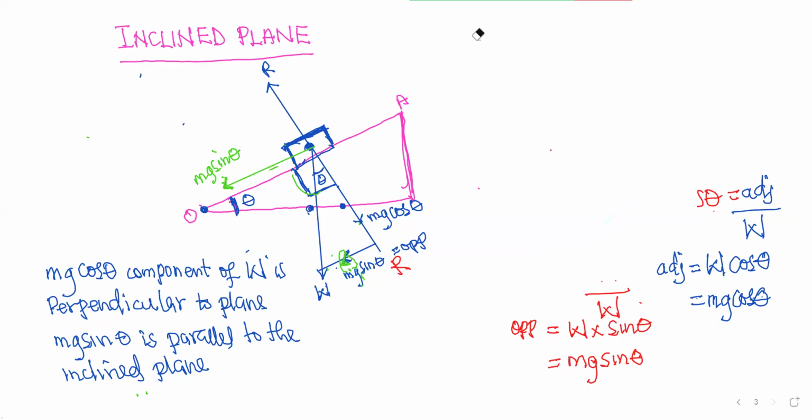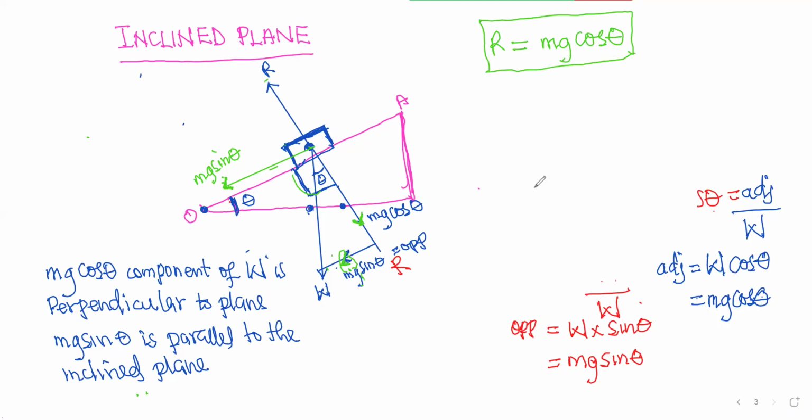So we have R. Look at this force acting down here. It is balanced by R. So R, we can say, is equal to mg cos theta. Now, please note that on an inclined plane, the reactional force is given by this.